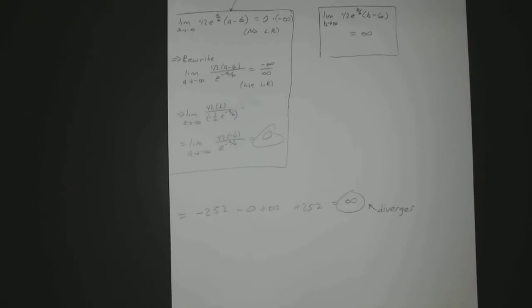All right, any questions on that one? Yes. What if you were to have infinity minus infinity? Oh, if you had infinity minus infinity, then you'd have to tweak it and somehow try to use L'Hopital's rule for it. Okay. Yes. Where did the a minus 6 and b minus 6 come from?